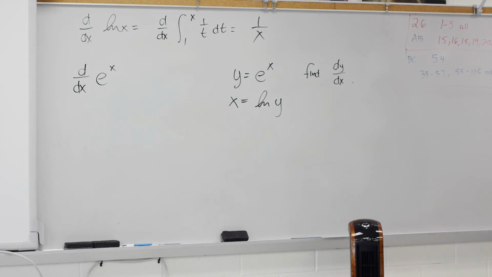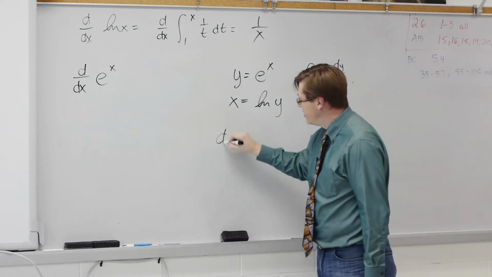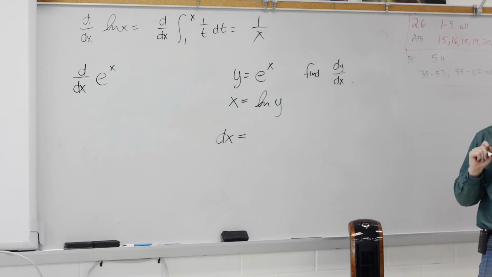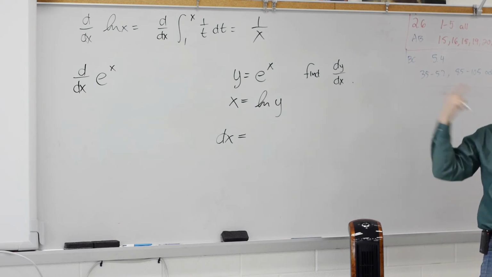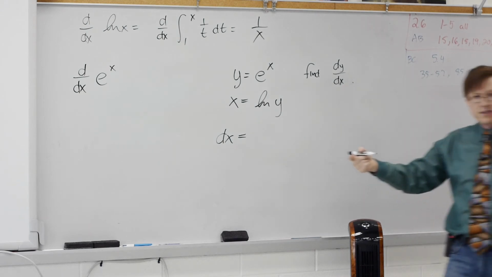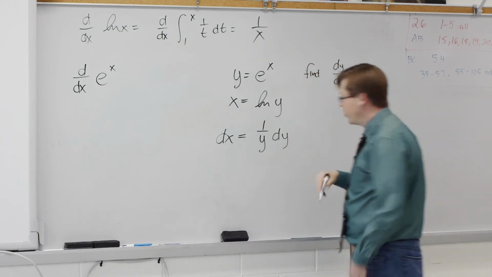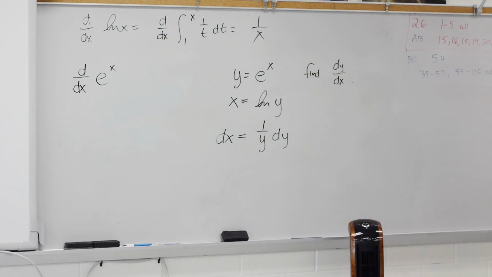Now differentiate this implicitly, or let's take a differential. dx is, what's the differential of ln y? 1 over y times dy. Or y prime is another way of saying it.